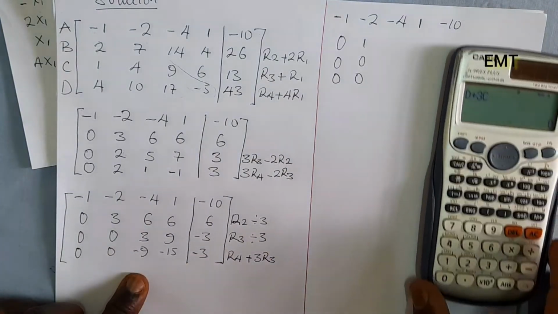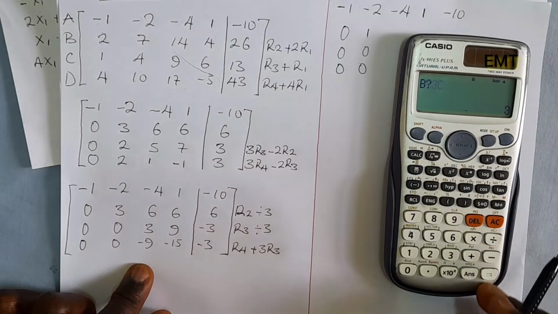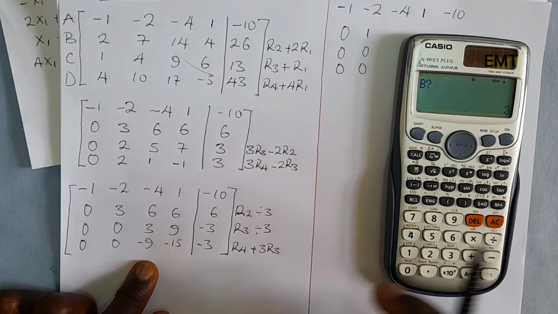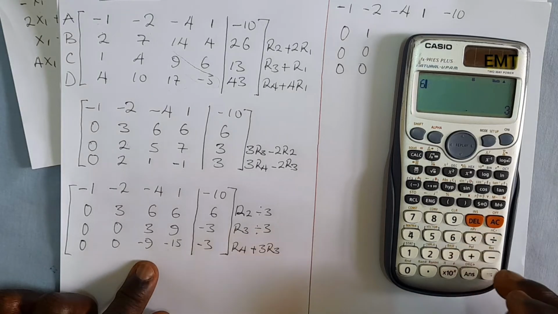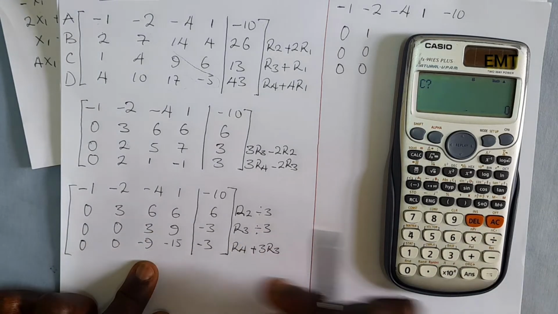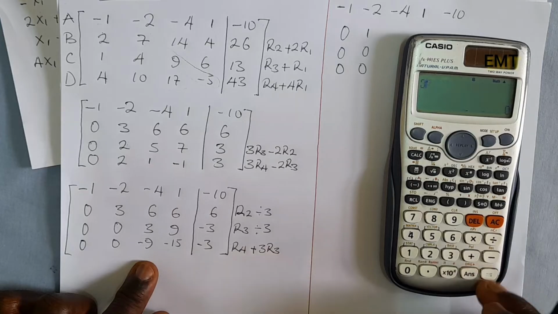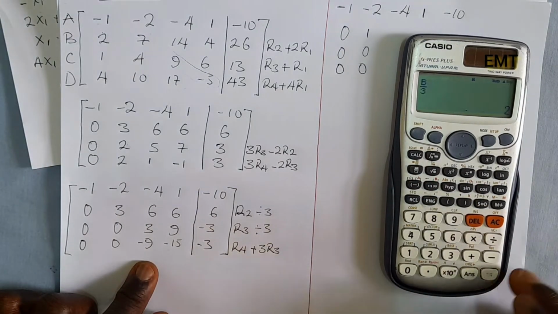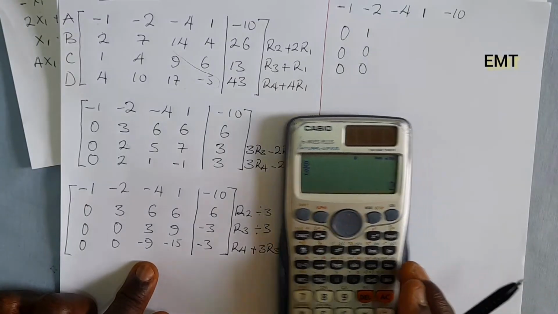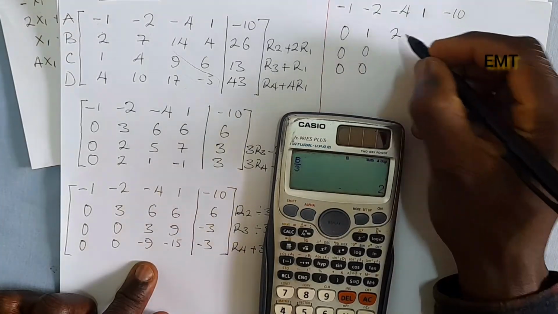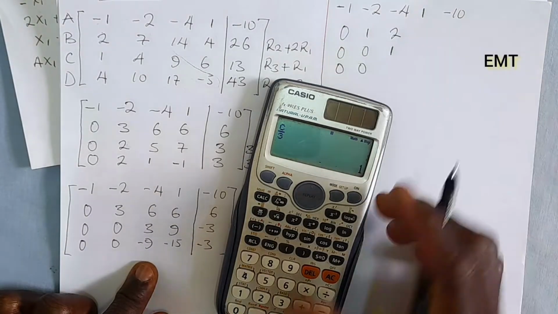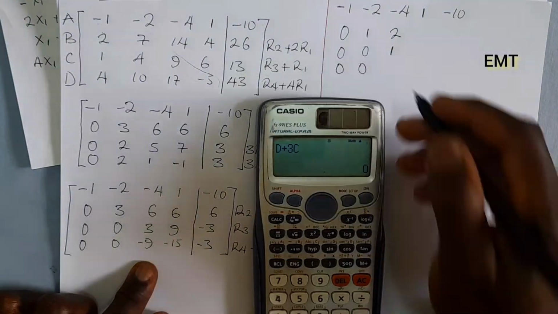The next column, we have B 4. This column is 6. C is 3. And D is -9. What do we have? We have 2 here. The next we have 1. And the next we have 0.